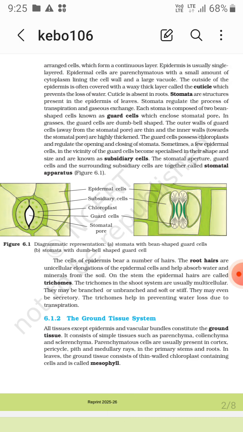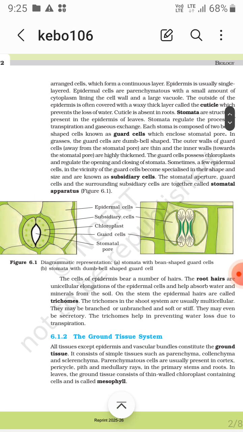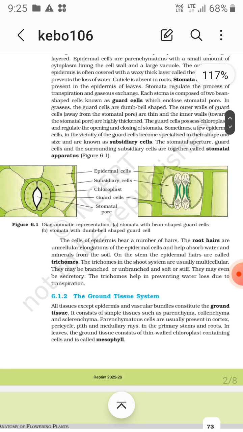The first diagram shows stomata with bean shaped guard cells. The second diagram is of grasses, where the guard cells are dumbbell shaped. Normally stomata have bean shaped guard cells, but in grasses they are dumbbell shaped.